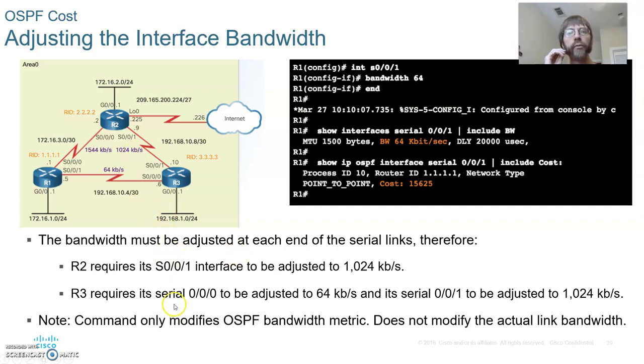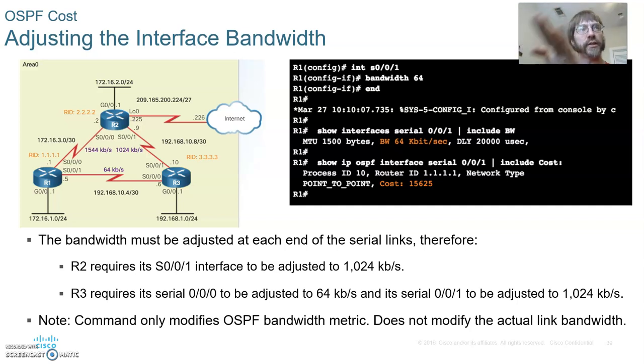So now, what this does, of course, as I said, is it modifies how OSPF costs that interface in terms of its metric. It does not actually change the bandwidth of that link. But there should ideally be a relationship between the actual serviceable bandwidths on that link and the way you cost it in OSPF, unless you're trying to seriously tell OSPF not to use something, to make it the route of last resort. Not the route of last resort, because that has a very specific meaning.